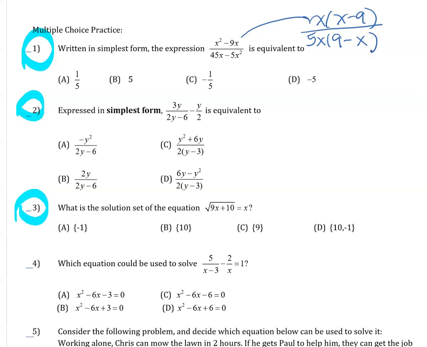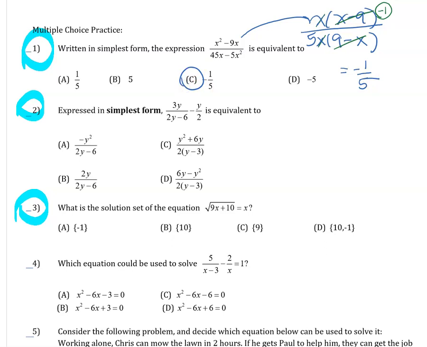Okay, now from there, a couple things cancel. X's cancel, and x minus 9 and 9 minus x cancel, but they cancel to a -1 because they're opposites with subtraction. Now remember, canceling means reduces to 1, so this is equal to -1/5, and that's option C.